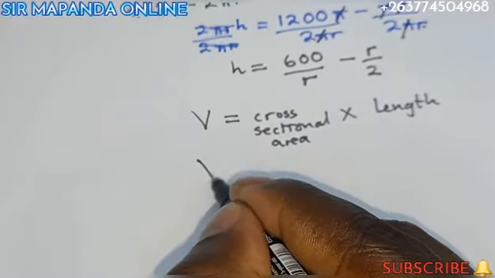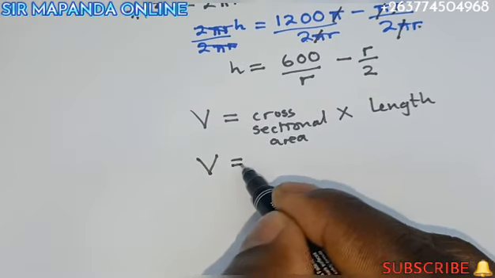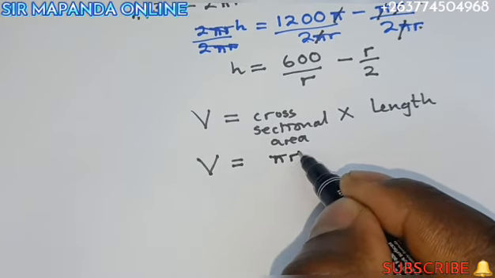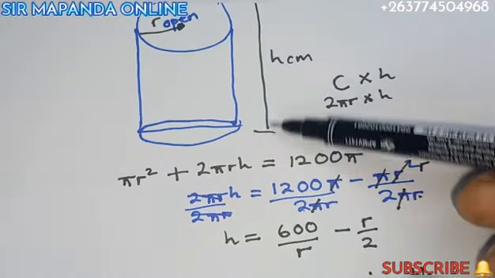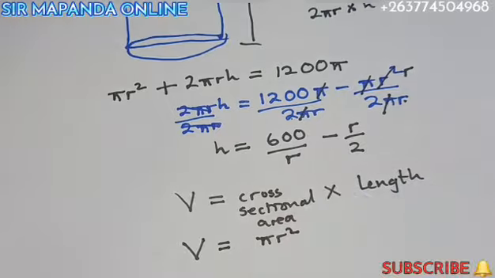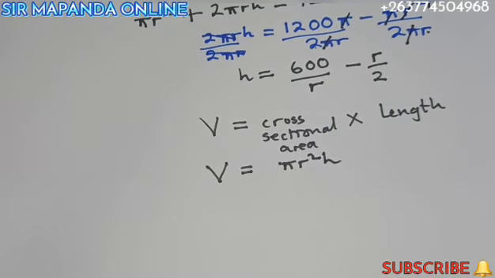The cross-sectional area of the cylinder is a circle, which is written as pi r squared. Then the length, they gave us h, which is the height of the cylinder. So volume goes to pi r squared h.